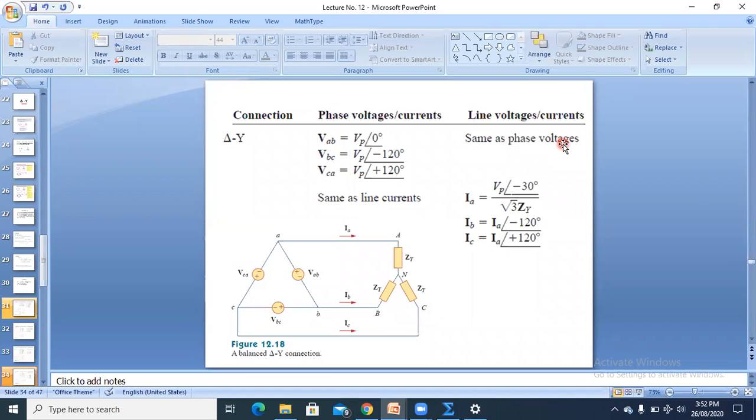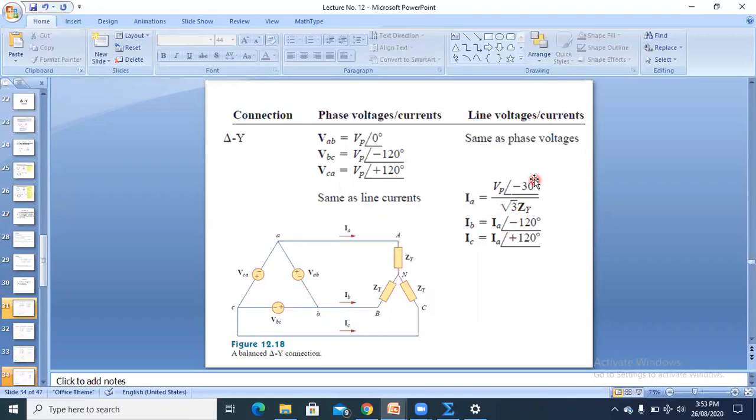We calculate the line currents from the phase voltage, which is given here at the angle of minus 30 degrees, divided by √3 Zy. So we have these values of line currents when we convert this to the Y network.